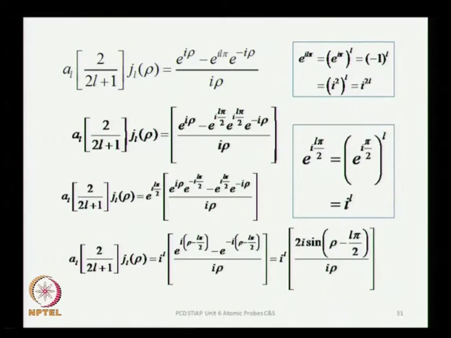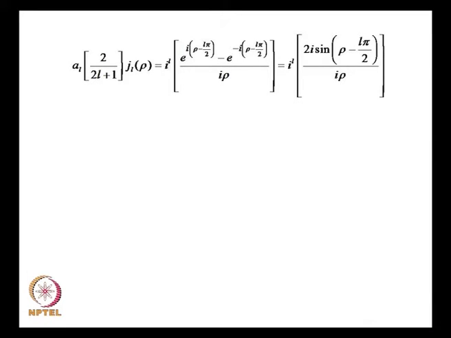And now you have got a very simple relation which is emerging from this analysis, that you do have the spherical Bessel functions here, but these spherical Bessel functions also you know their asymptotic forms. So, what is the asymptotic form of the spherical Bessel function? It is the same as the function on this side. Okay, it is sine of rho minus L pi by 2 over rho.